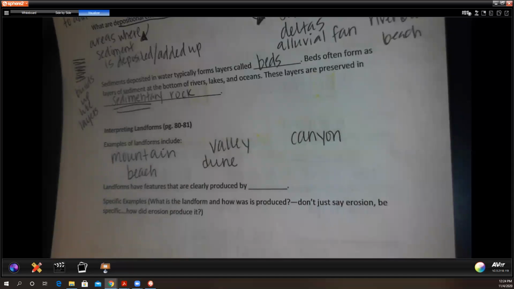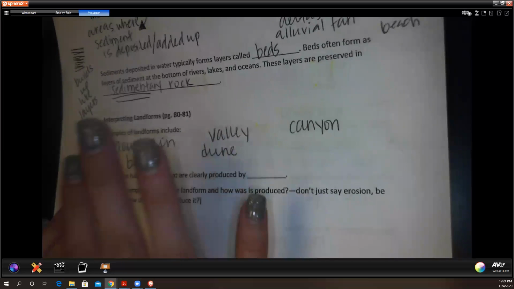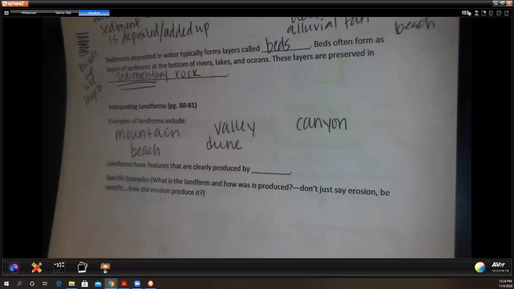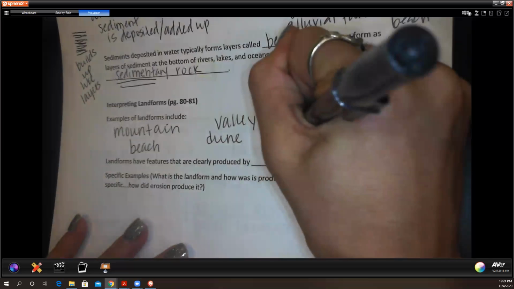If I look up the definition, it is a natural feature of the Earth's surface. A tundra is a biome, so an environment. A volcano would be a landform, but I don't want to include it on here because those are created by tectonic plates. Well, I could put a volcano because mountains are formed by tectonic plates.